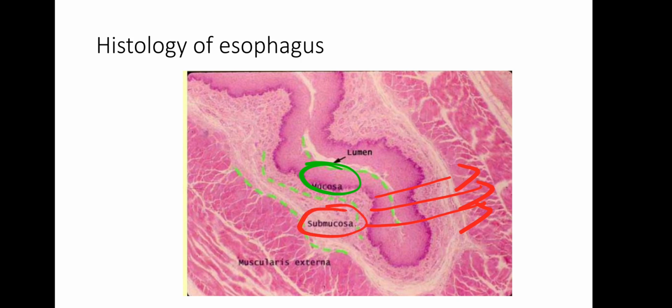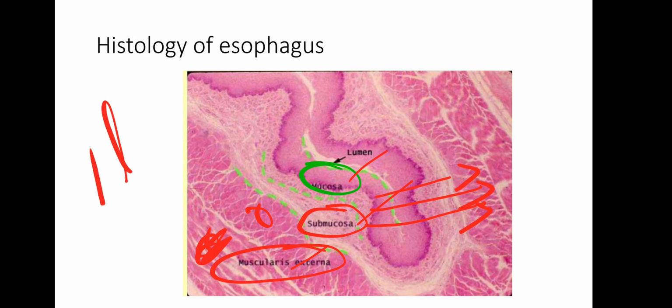Then we have the submucosa, then we have the muscularis externa, the inner circular and the outer longitudinal muscle. So we have the mucosa, submucosa, and muscularis externa with the inner circular and outer longitudinal muscle.